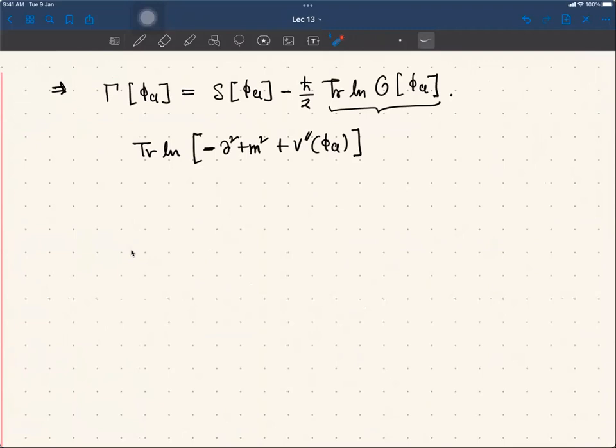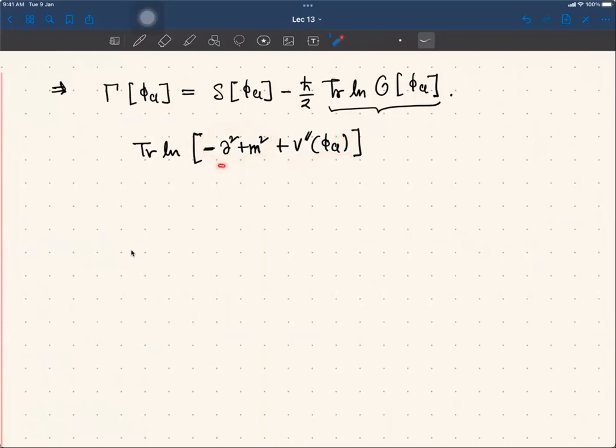Let me repeat. This is an operator, a matrix operator with two indices which are continuous. This is a diagonal operator, and the diagonal element is given by this differential operator, where the derivative is with respect to the diagonal index, which is x, and this one also has to be calculated at phi cl of x for the xth diagonal element of that operator.